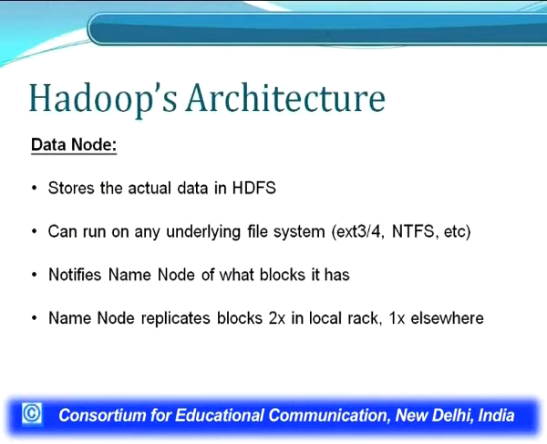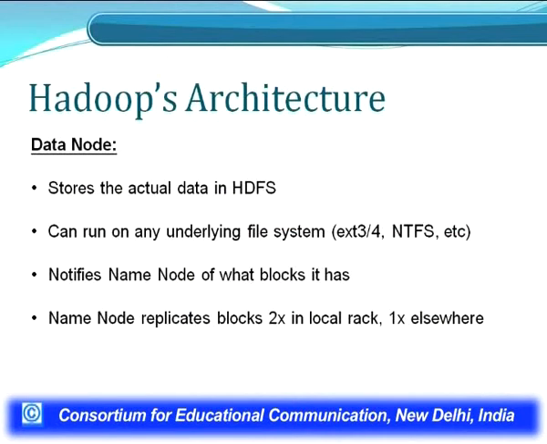Another topic is the data node. What is the use of the data node, and how does it function? The data node stores the actual data in HDFS, the Hadoop Distributed File System. The actual data is going to be stored in the data node.